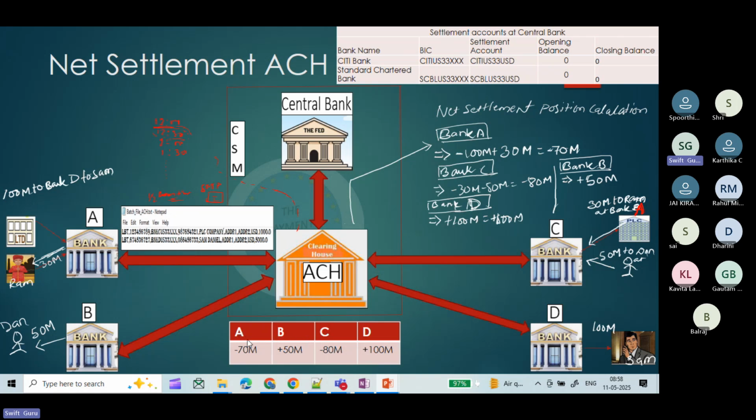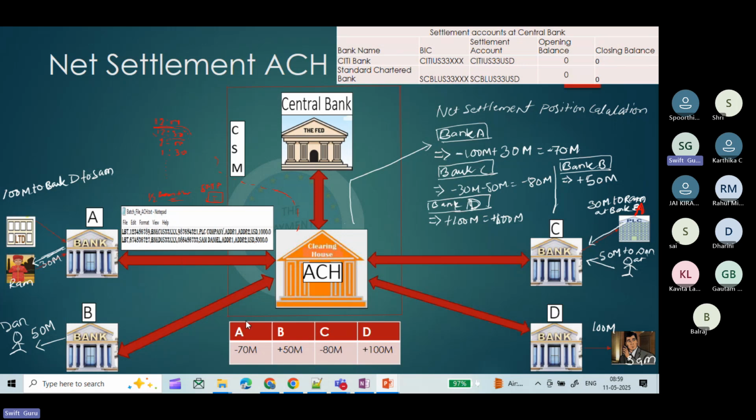They will identify how many of the transactions for bank A were inward and how many, in terms of value, were outward. So basically it is a simple calculation: incoming to bank A minus outgoing from bank A. So it is minus 100 million, because 100 million was an outward request, and plus 30 million they received as an inward request from bank C, which needs to be done to bank A, right?